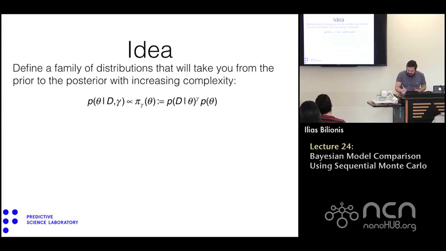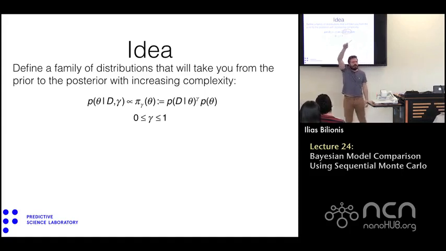So, see here, you introduce this family of distributions that has your likelihood raised to the power of gamma, and that gamma is a number between 0 and 1. Okay? So you see, it's just like your posterior, but instead of just having the likelihood there, it has the likelihood to the gamma power.